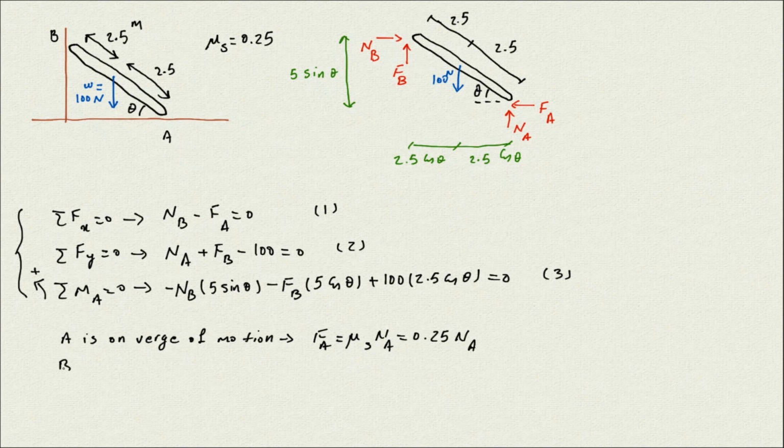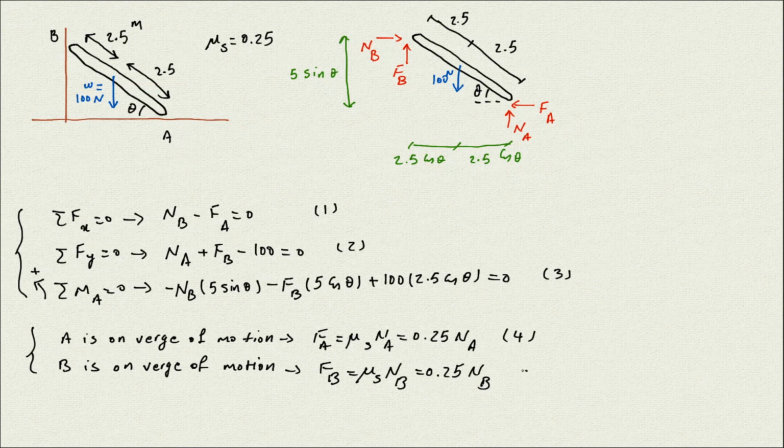And we know that B is on the verge of motion as well. Therefore, FB is also mu s NB, which is 0.25 NB. So these are the two equations we can get from the friction, because both of them are on the verge of motion.